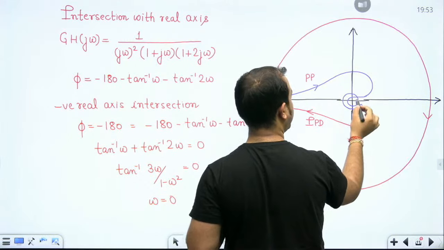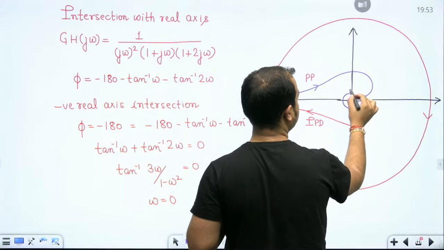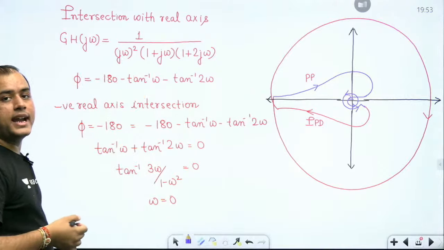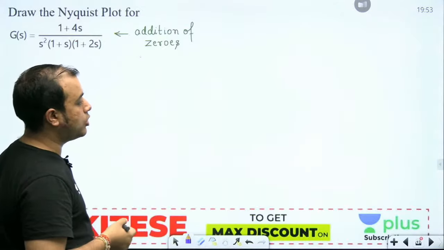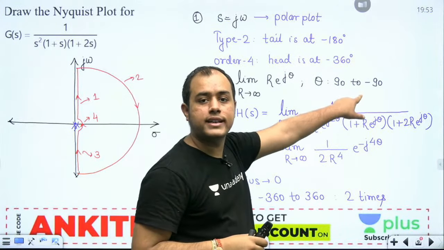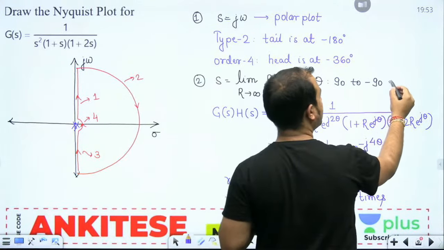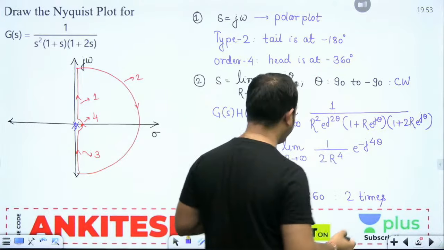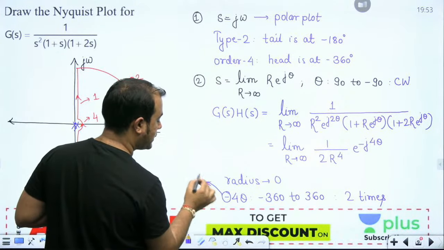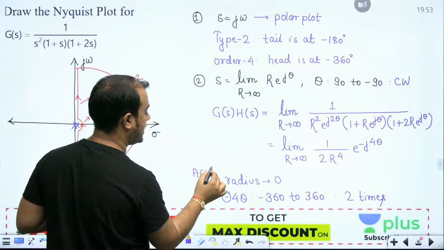This was a query of many students that this must be anti-clockwise, right? This should be anti-clockwise. Okay, why anti-clockwise? Let me tell you. See, this was clockwise, 90 to minus 90. Now this is minus sign, that will make it anti-clockwise.